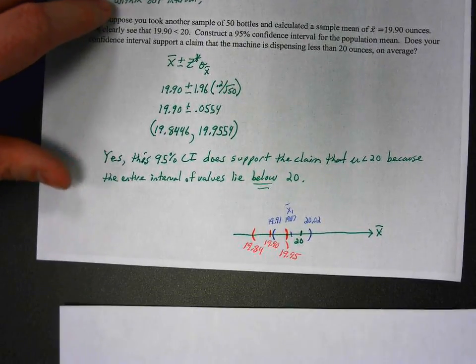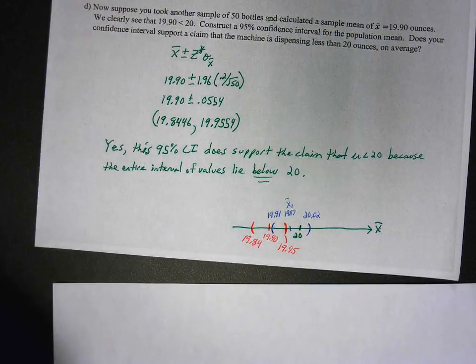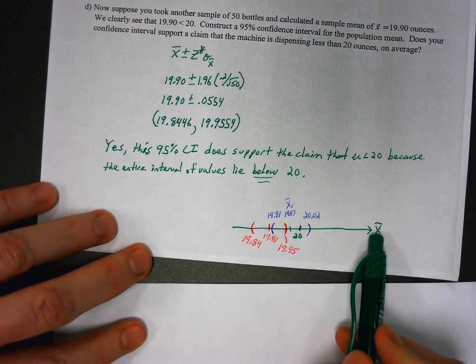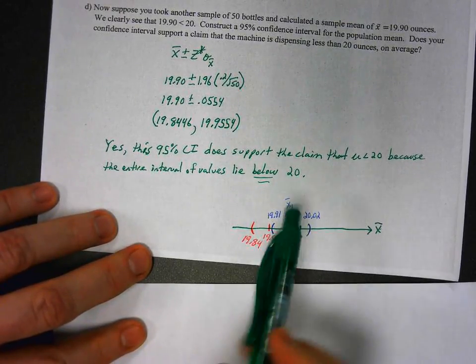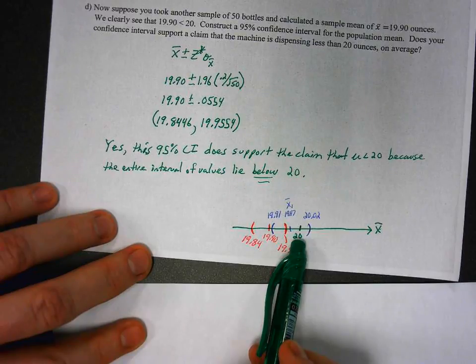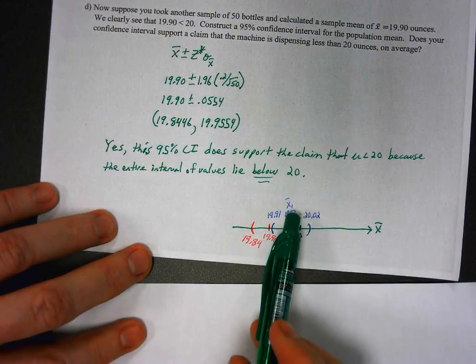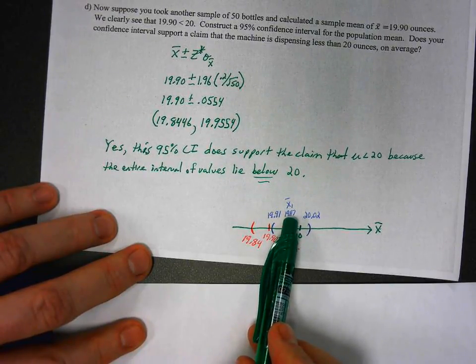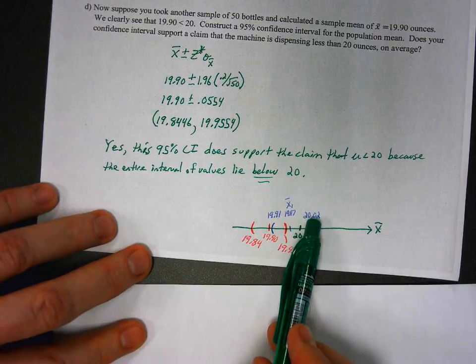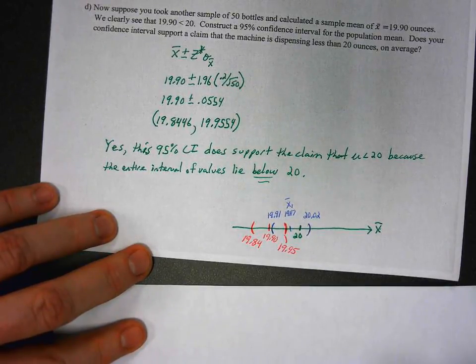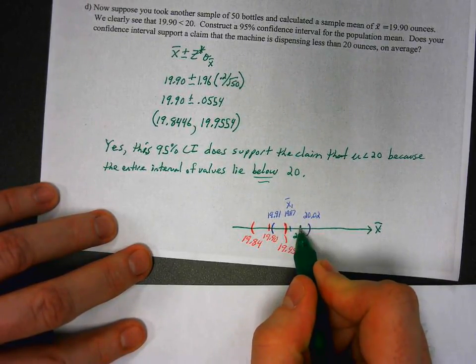Now really what happened here, if we can see this: you take your x bar axes, and 20 is somewhere on these axes. When we did our first estimate, the first estimate for x bar was 19.97, and our interval was 19.91 to 20.02. So 20 was included in that interval.